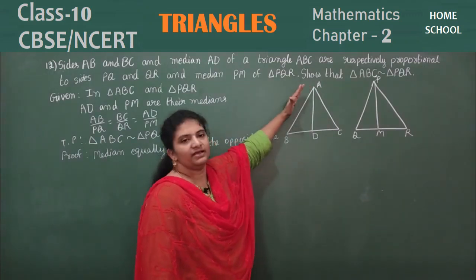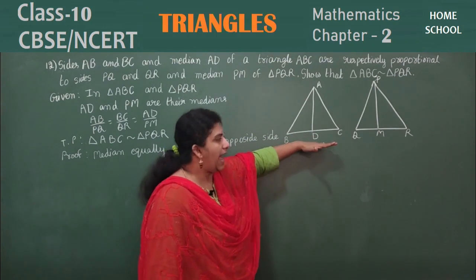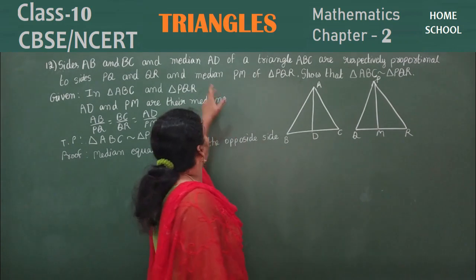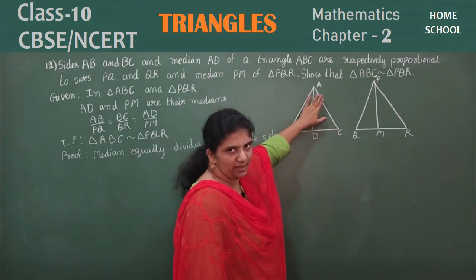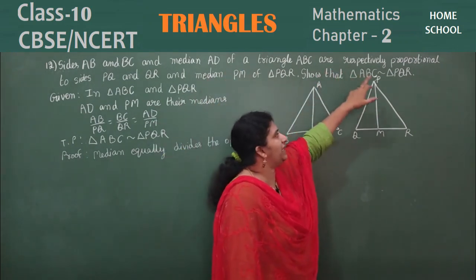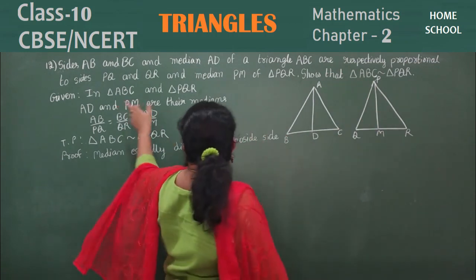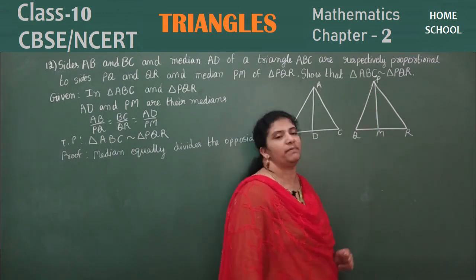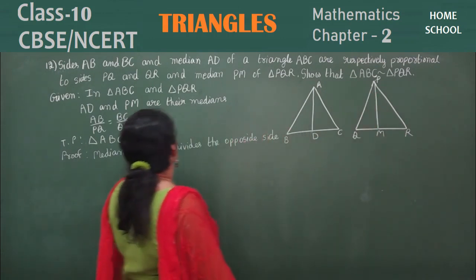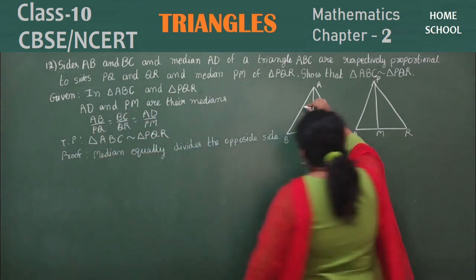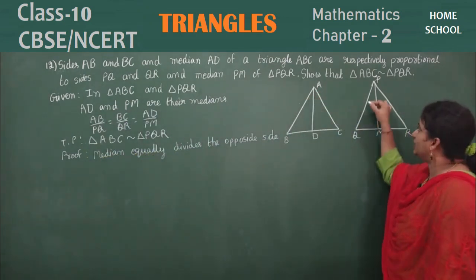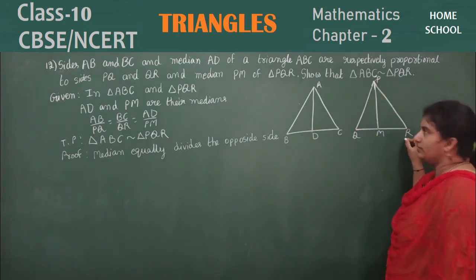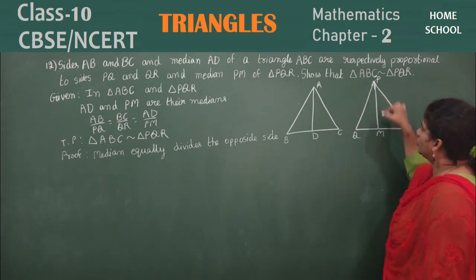Sides AB and BC, median AD of a triangle ABC are respectively proportional to sides PQ, QR and median PM. So observe carefully here, children. AB is proportional to PQ and BC is proportional to QR. AD is proportional to PM.